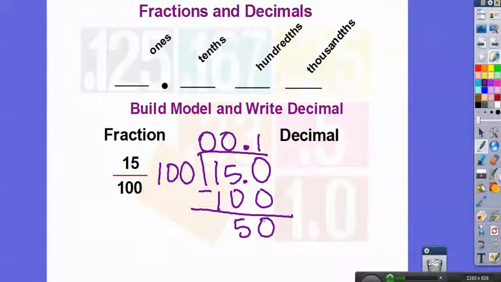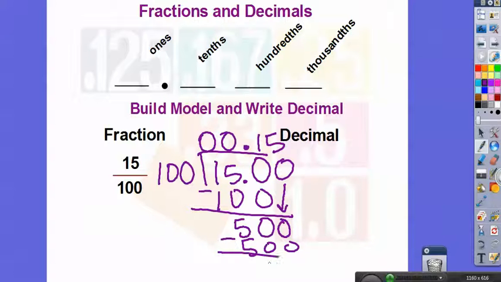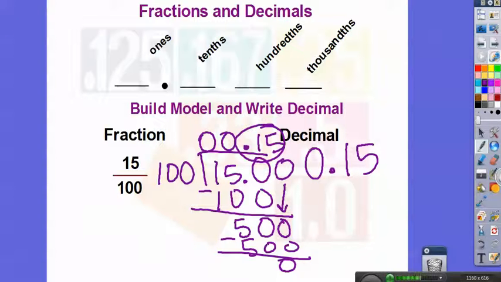Subtract, and we're going to need to bring down another 0 because we'd have a remainder of 50. Now how many times does 100 go into 500? 5 times. 5 times 100 is 500, and that's 0. And that is 15 hundredths. So my decimal would look like this. And if we were going to write 15 over 100 as a fraction, we could write 15 hundredths.